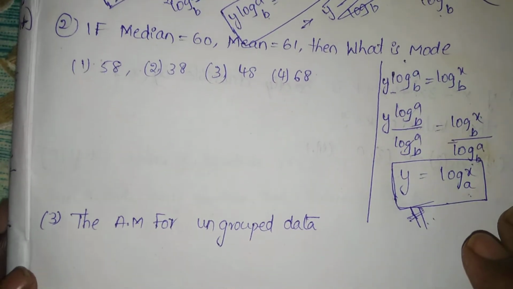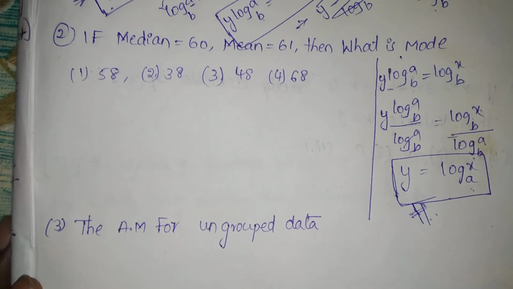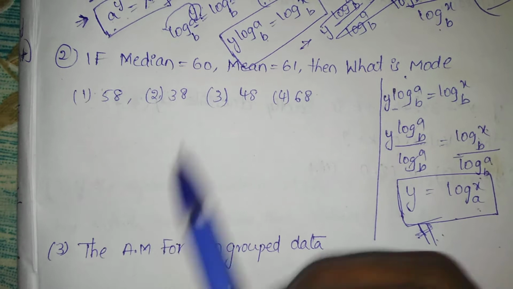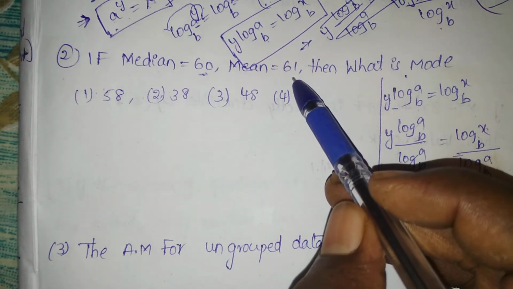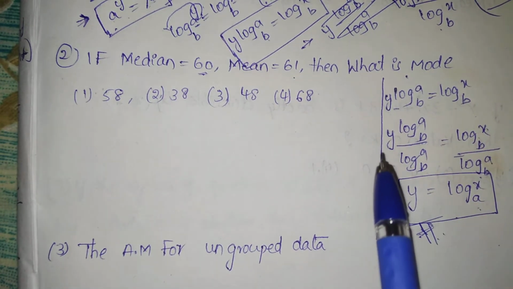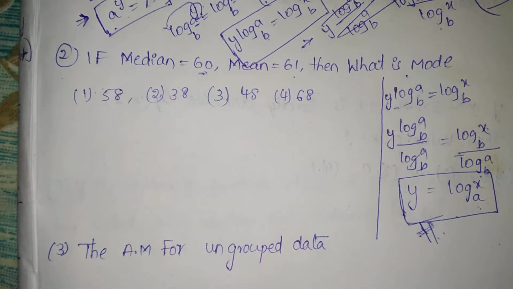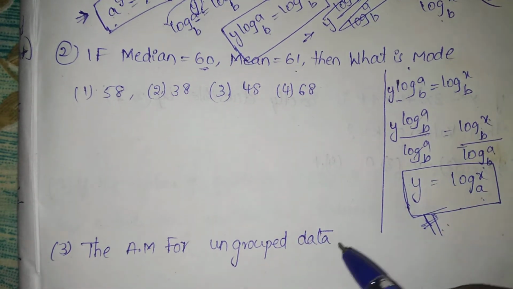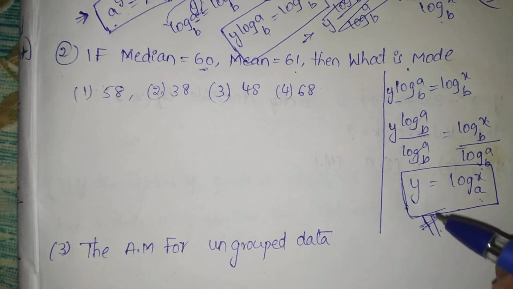Next, question number 2. If the median is equal to 60 and the mean is equal to 61, then what is the mode? Here no formula is used, because otherwise we would have to know the f values and the number of observations.